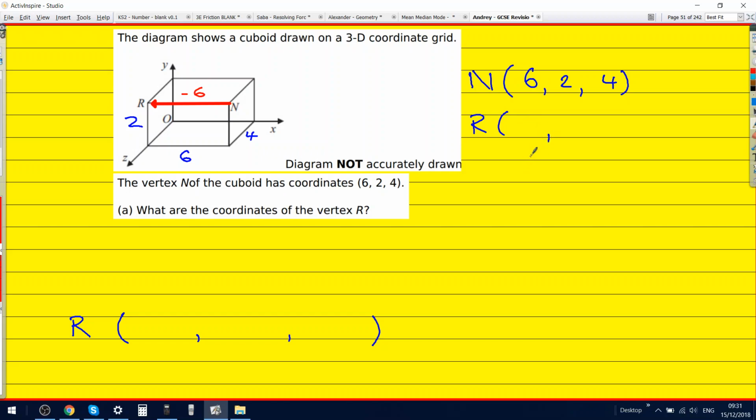Well, we were at 6 and we went 6 to the left. So it's -6 from the x. Yeah.